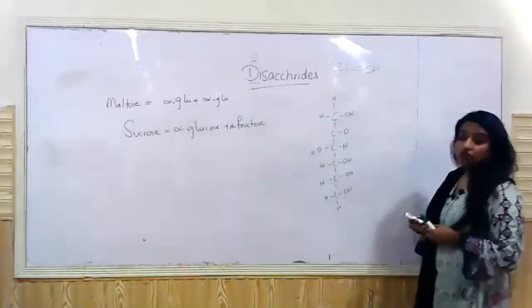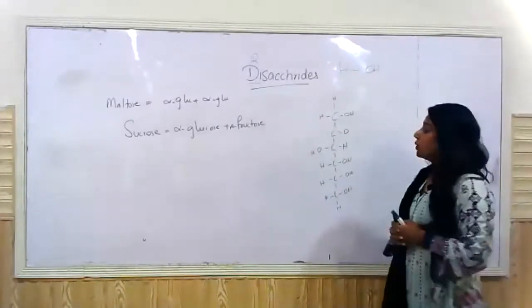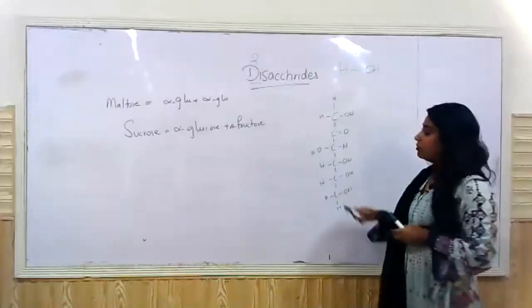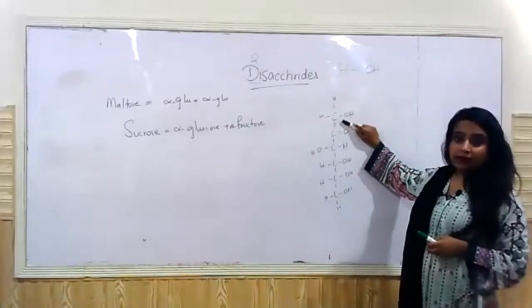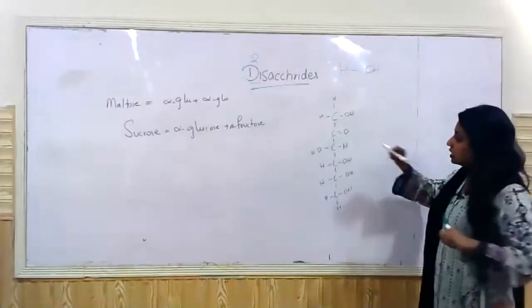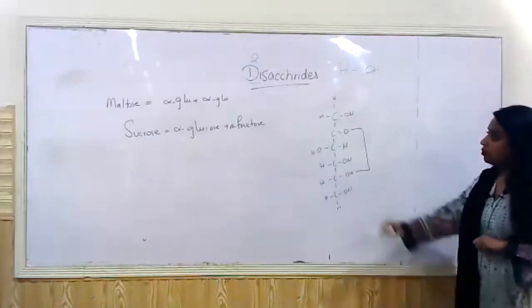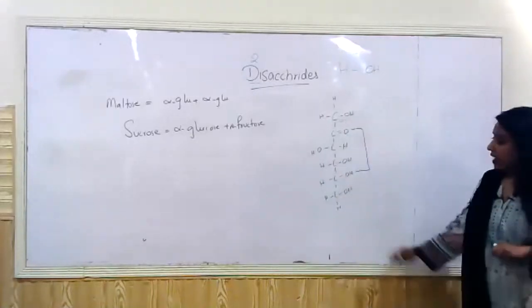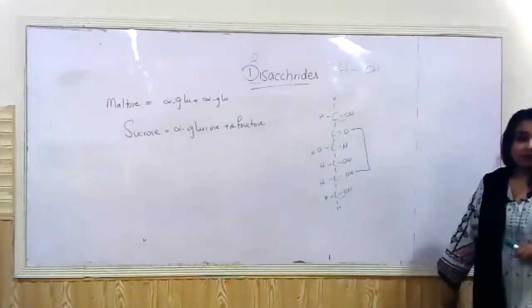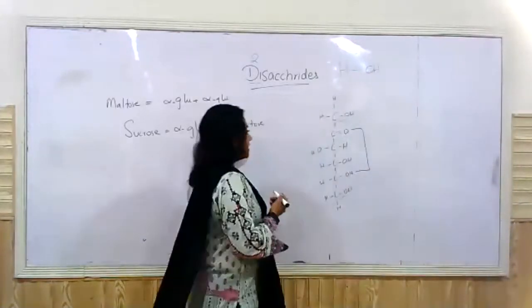So this is the structure of fructose. I told you folding occurs where the double bond is present. Now the double bond is not present at carbon number 1 now. The double bond is present at carbon number 2. So that means the link will be formed here and here. Carbon number 1 will be outside the ring and carbon number 6 will also be outside the ring. So the ringed structure looks something like this.